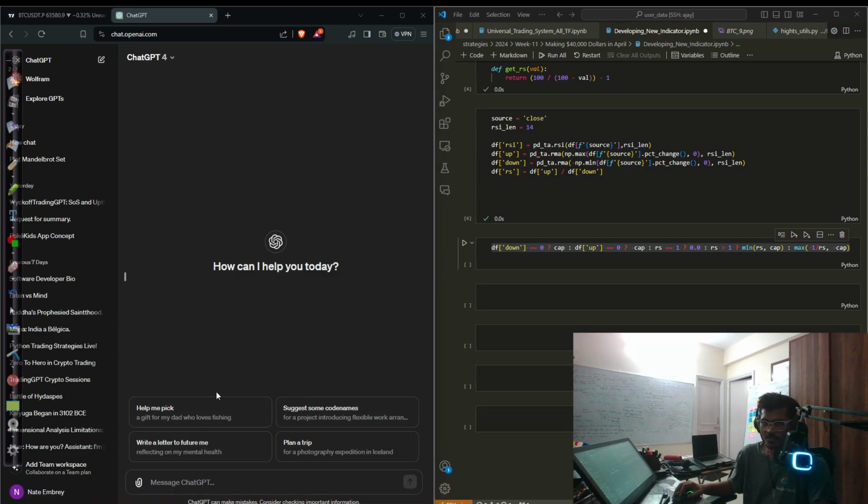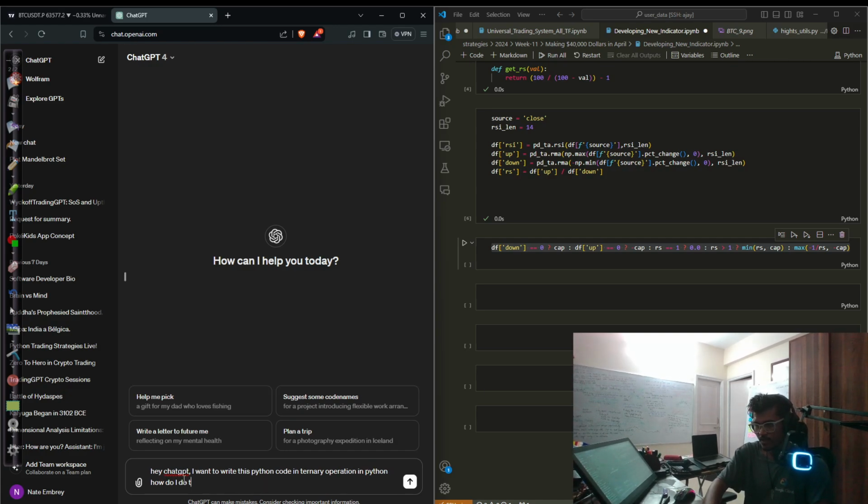All right, so let's ask it a question. Hey ChatGPT, I want to write this ternary operation in Python. How do I do that? I want to write this expression.